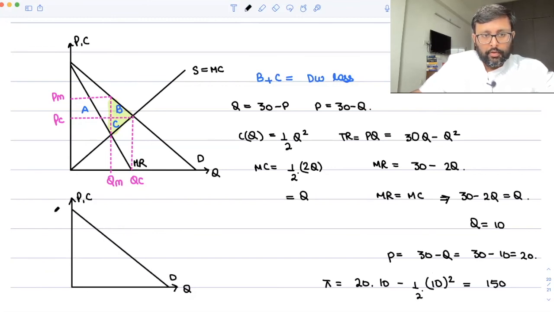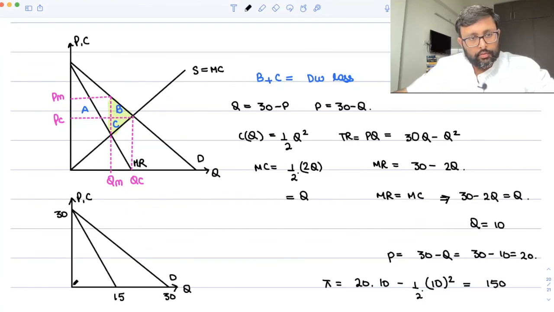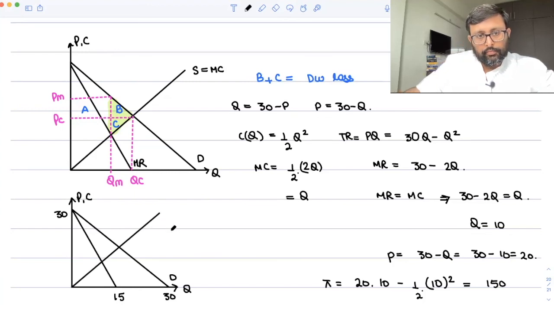Okay. So if I just want to draw this, demand curve. I've just drawn this 30-30 like this. MR like this. Your MC is equal to Q, right?